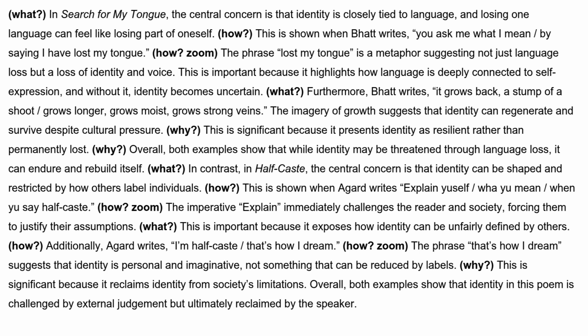How does he do that? Agard writes, "I'm half-caste. That's how I dream." If we zoom in again, the phrase, "that's how I dream," suggests that identity is personal and imaginative, not something you can just be reduced to a label or a phrase. Why is that important? Well, this is significant because it reclaims identity from society's limitations.